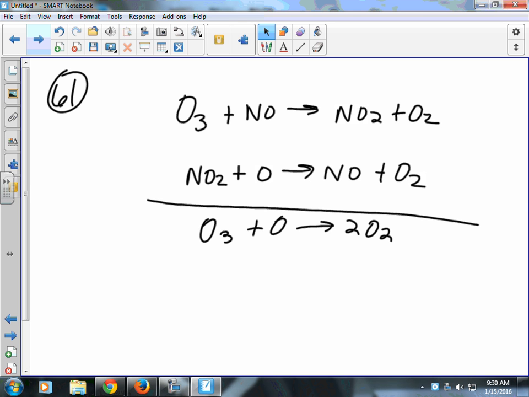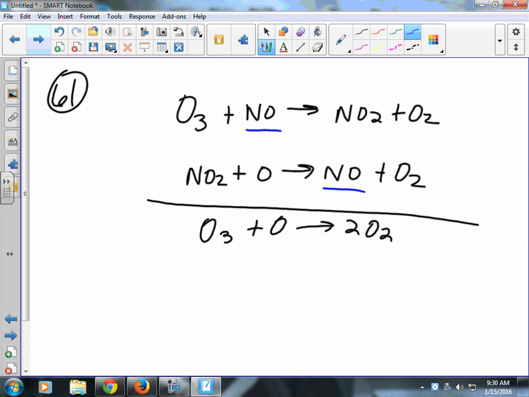We have NO here. Is it starting out or is it produced? Starting out. How do you know that? It's on the left of the arrow, right? And then it's on the right. It's not in the overall reaction. So NO is the catalyst.